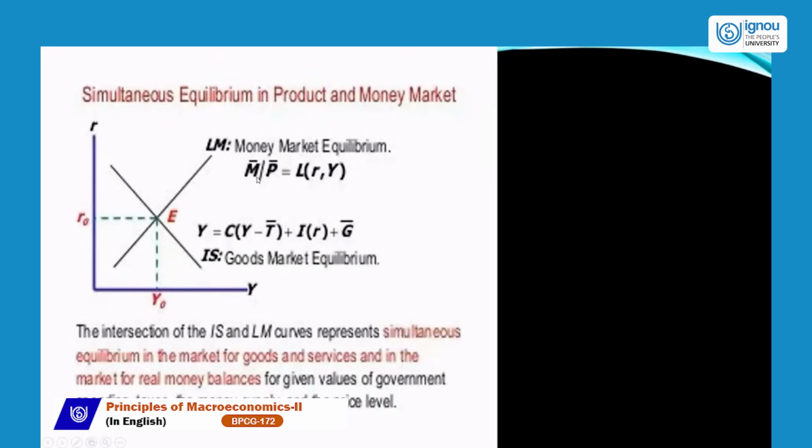Now, next is the IS-LM model. Equilibrium in the goods market implies that an increase in the interest rate leads to a decrease in output. And equilibrium in the money market or financial market implies that an increase in output leads to an increase in the interest rate. When the IS curve intersects the LM curve, both goods and money markets will be in equilibrium.